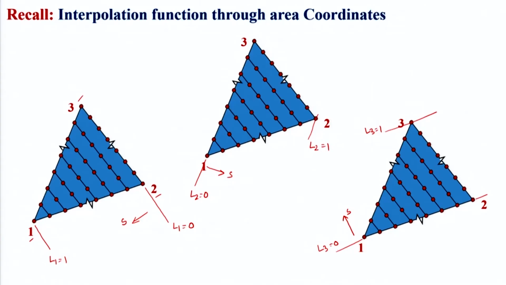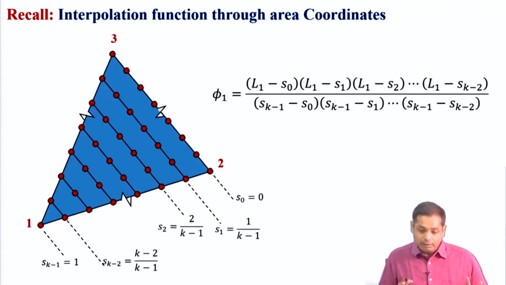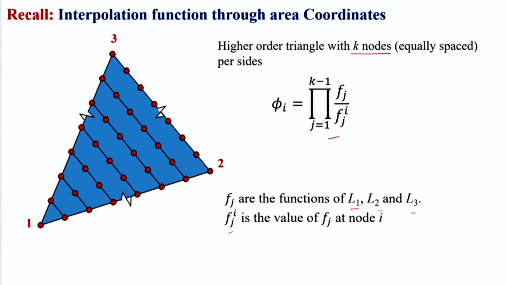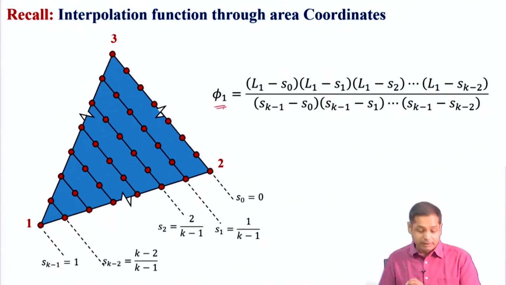Now we need to write the shape function in terms of this new coordinate system L1, L2, L3. If we recall, the expression of shape function is this, and when we write it, this expression will become this, particularly for node number 1, phi 1 will be this.